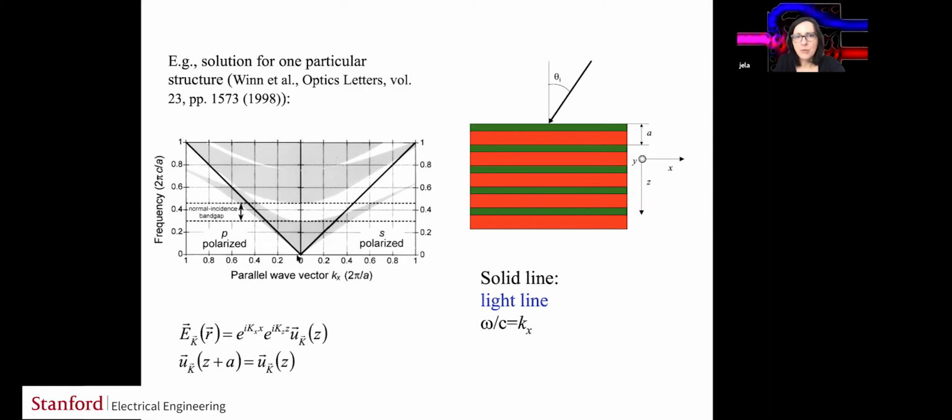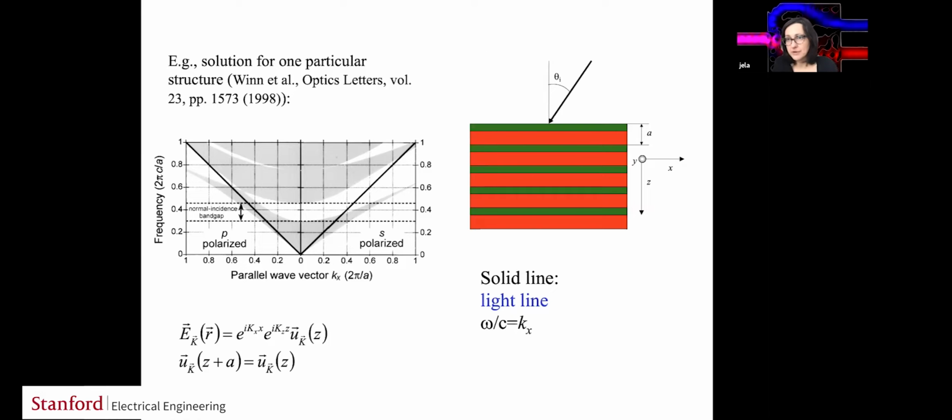Okay, so why do we plot this line? If you shine a light from free space onto this structure, where would that wave have to be on this band diagram? This is the light line, omega equals c kx, but if you shine something onto the structure from free space, it can potentially have also ky and kz. What do you know about kx, ky, and kz for a propagating wave incident on the structure from free space?